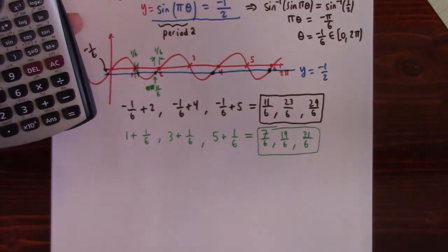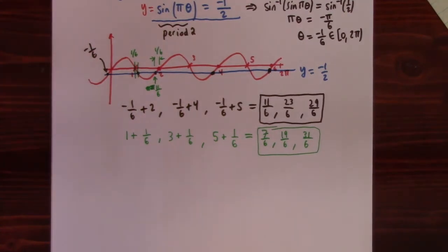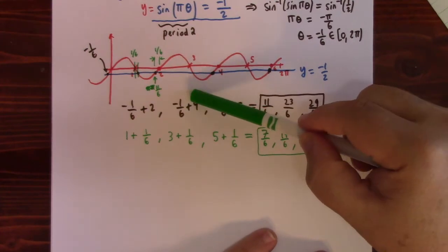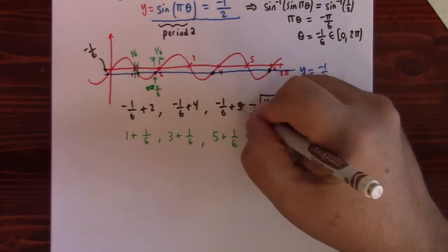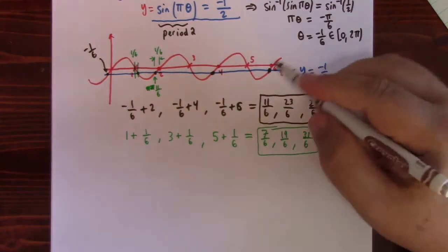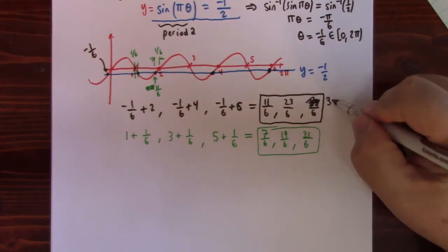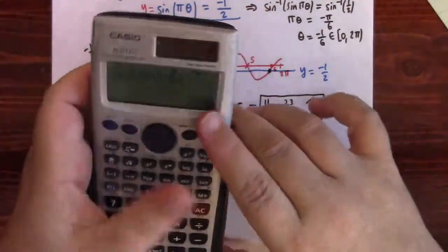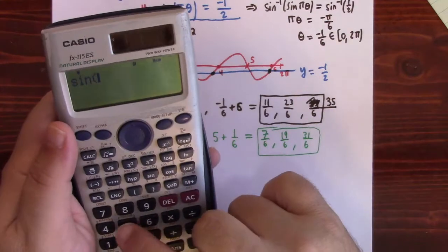Really? Oh, well, no wonder. I'm an idiot. Look at that. Add 2, add 2. 4 plus 2 is 6. No, dummy. So that was supposed to be 36 minus 1, which is 35. 35 sixths. Well, see? This is why we should check our answer, because sometimes we make mistakes.